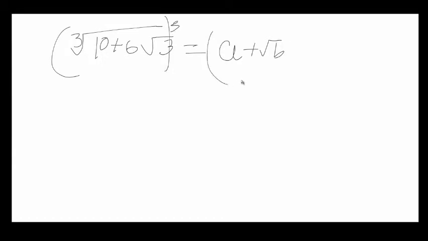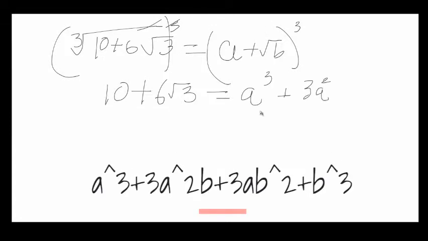We have to do cube root on both sides, not square root, so that this will get cancelled. We get 10 plus 6 root 3 is equal to (a plus root b) whole cube. The formula for (a plus b) whole cube is a cube plus 3a square b plus 3ab square plus b cube. I'm not going to write the formula, it's already down here.